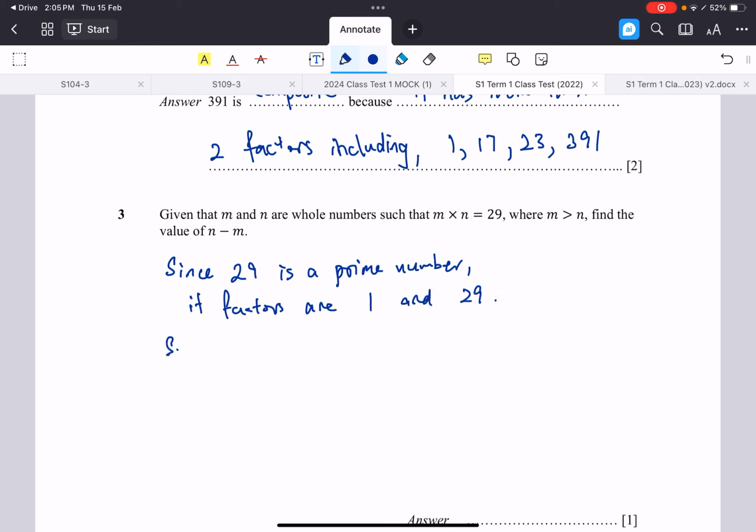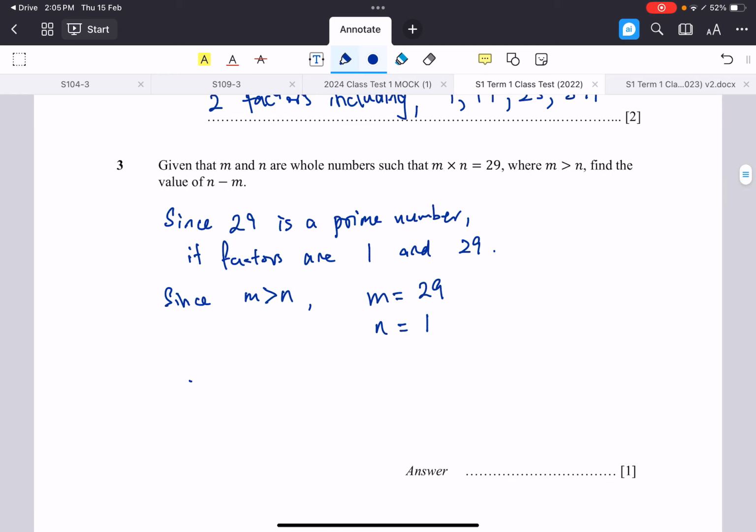Okay, so since m is greater than n, we know that m will be the larger of these 2 numbers, which is 29, and n will be equal to 1, right? Therefore, n minus m will be the same as 1 minus 29, which gives us negative 28, right? Okay, moving on.